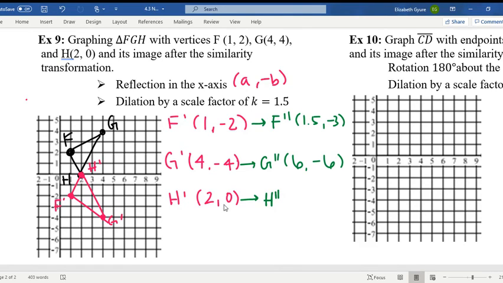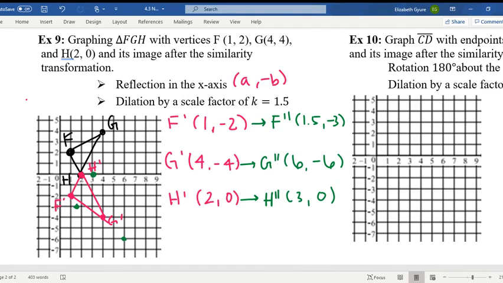And then for H, 2 times 1.5 will give you 3, and 0 times anything is just 0. So F double prime is 1.5 comma negative 3. So 1.5, negative 3 is down here. 6, negative 6 and 3, 0.